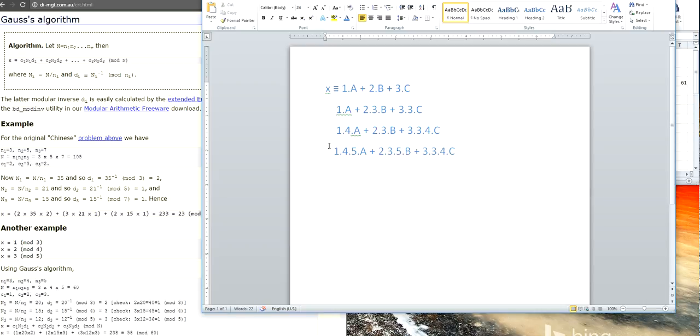So our x will be something along these lines, which is the same as, so we reduce this to 20, this is 15, and this is 12.